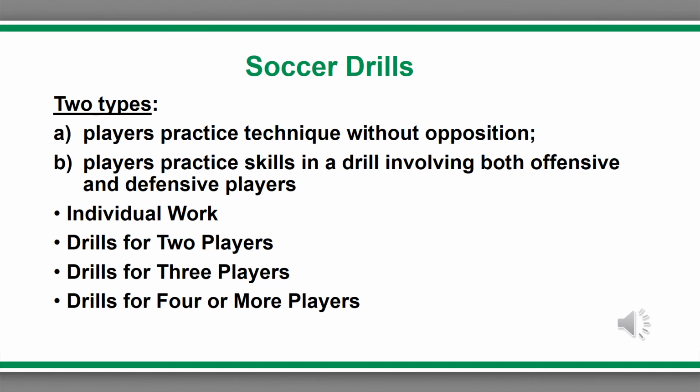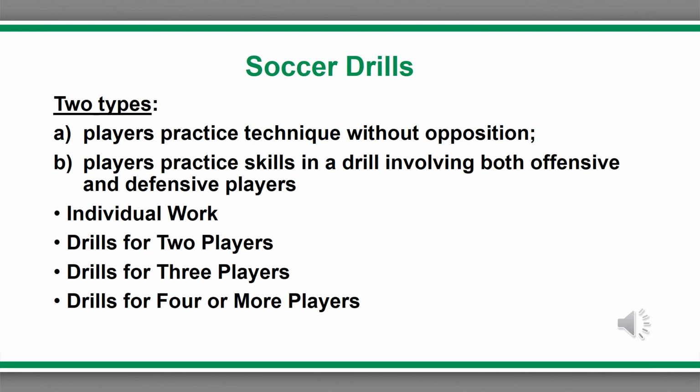In your book, they talk about the individual work, and they specify how dribbling practice is best done individually, and they go on to talk about all the other drills or skills. Then you have drills for 2 players. Many of the introductory drills are best with a partner, and we already talked about the grid system, and they show it again as a way to organize your partner drills.